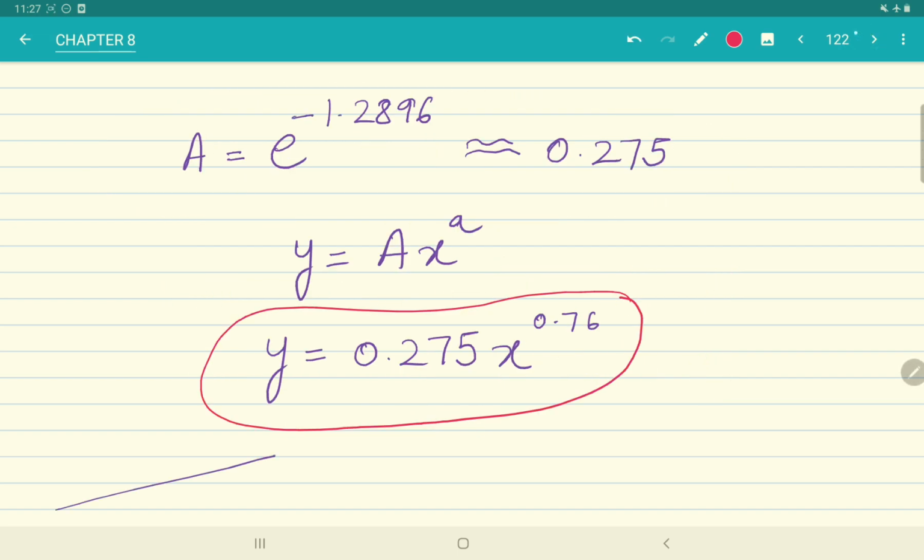Here we have x on the horizontal axis and log y, or we can also think of ln y, on the vertical axis. So there's a lot of difference between the two cases.